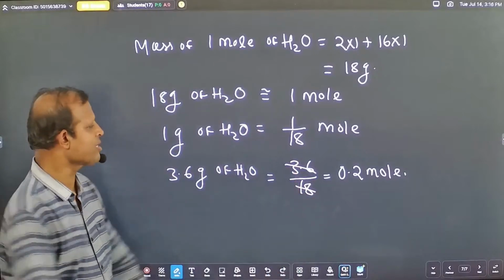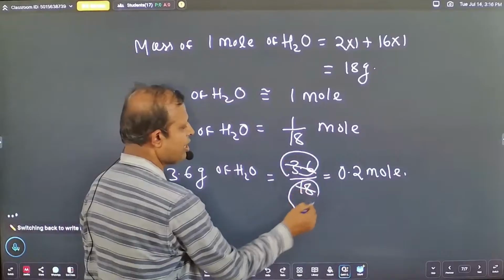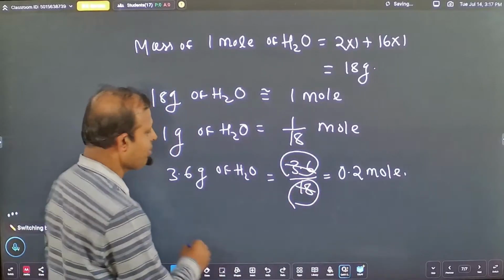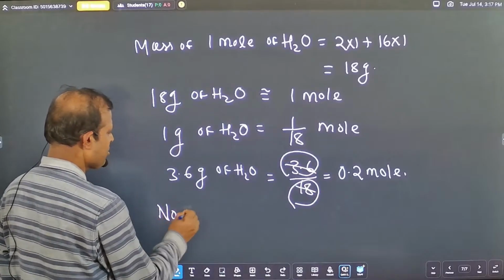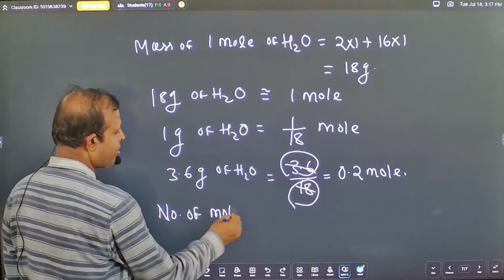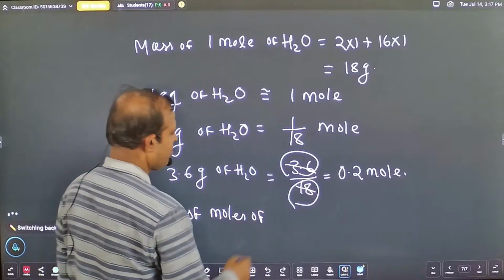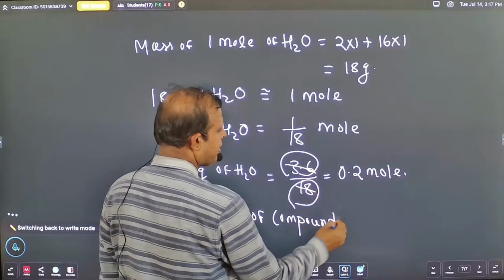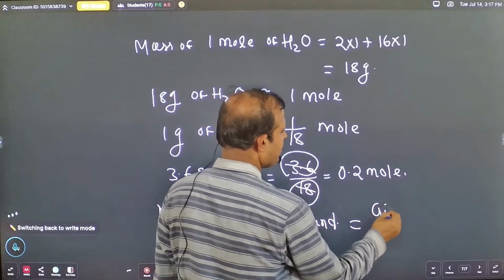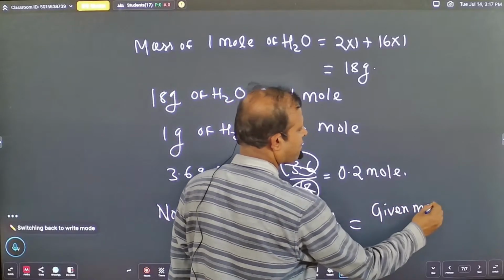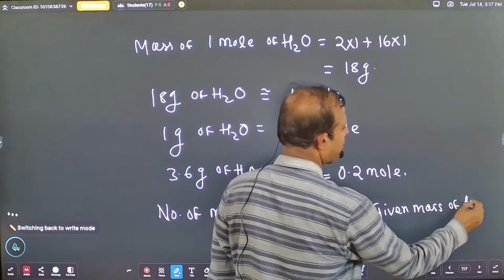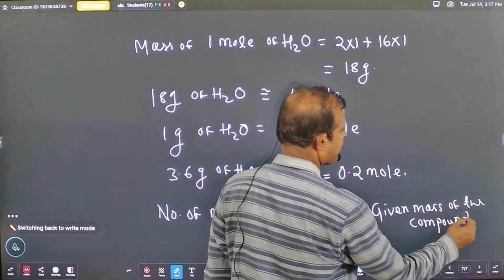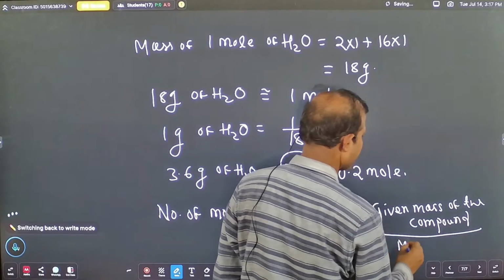So what is the shortcut? This is the given mass, this is the molecular mass. To find the number of moles of a compound, the number of moles equals the given mass of the compound divided by the molecular mass of the compound.